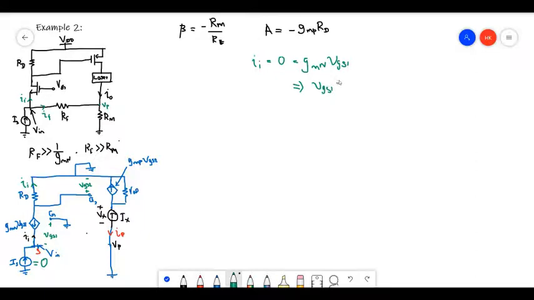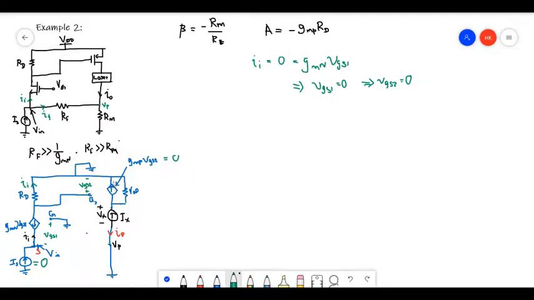That means this current is 0. Since this current is 0, this voltage is also 0. This will cause VGS2 also to be equal to 0. If VGS2 is 0, this current source also does not provide any current.